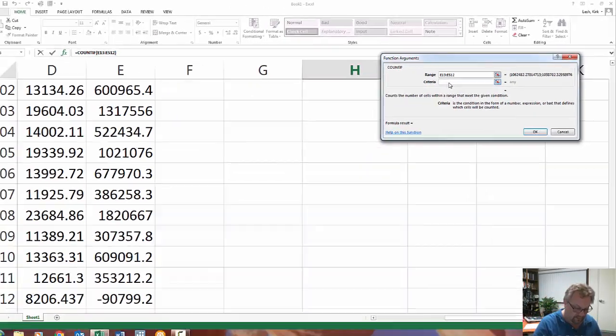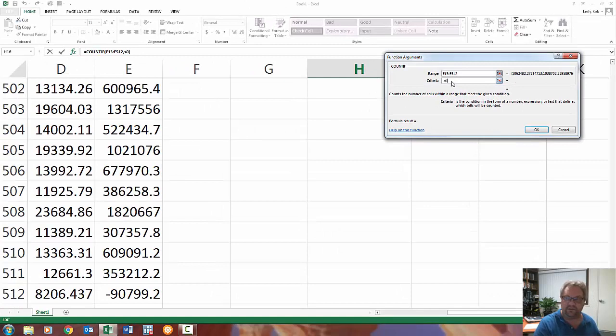But bear with me. If I just type in the less than symbol and 0, I don't get anything, right? And I'm not sure really why this is happening. But for whatever reason, when it comes to the COUNTIF function, and this could be true of other functions, I'm just aware of it with the COUNTIF, when you have these criteria, you have to put the double quotes around your criteria.